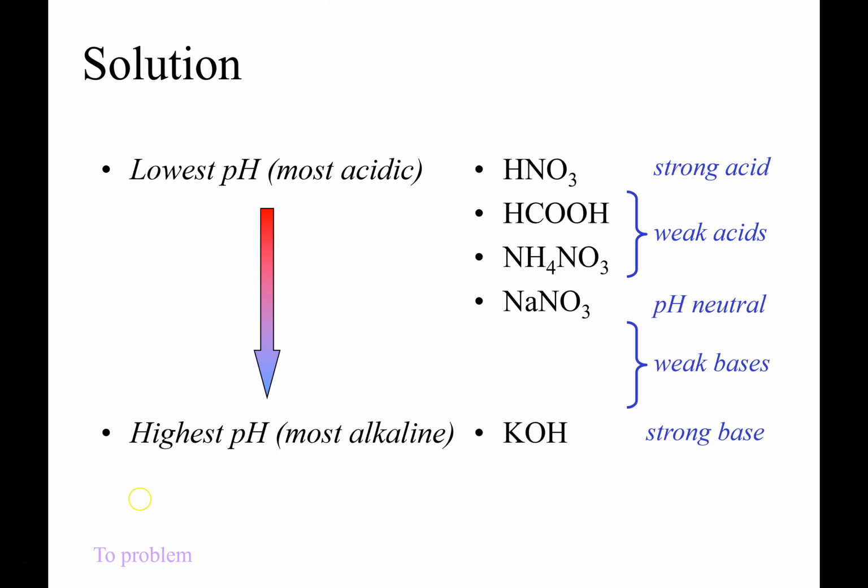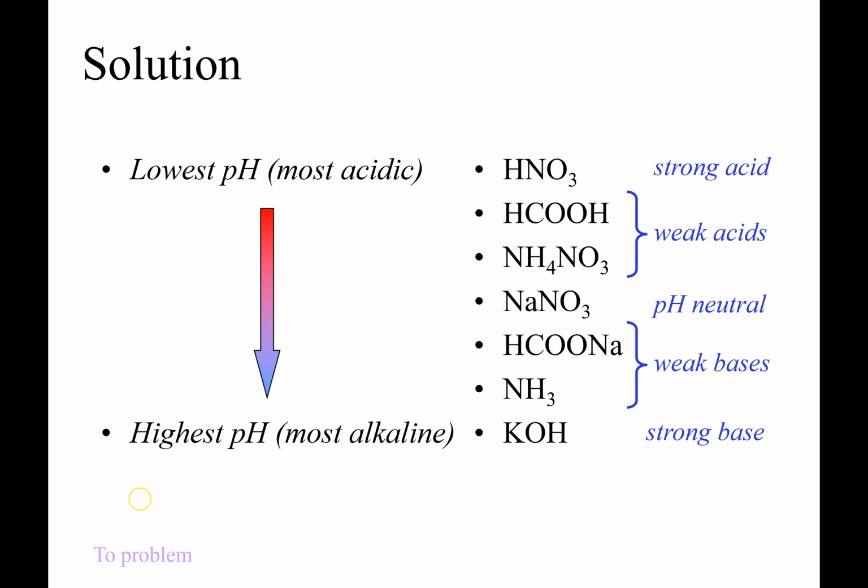And then we go to our bases, and we're going to order them. The least basic is going to be the conjugate base of the weak acid. That was the formate ion, the CH3COO negative. And then we're going to have the real weak base with the Kb, NH3.